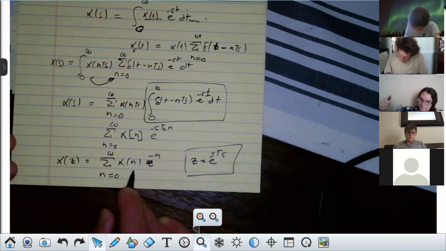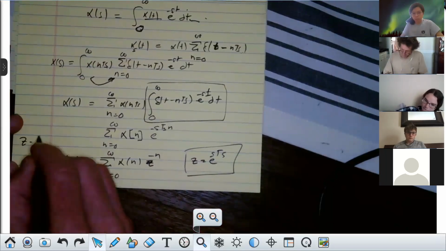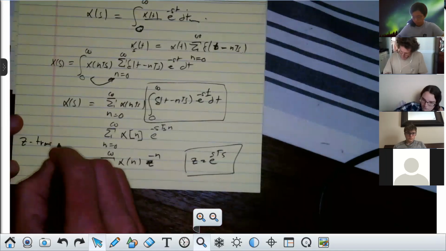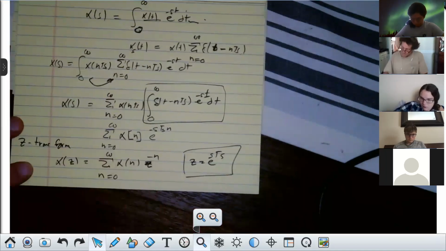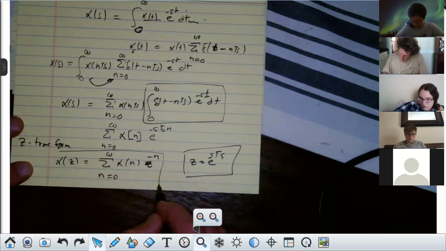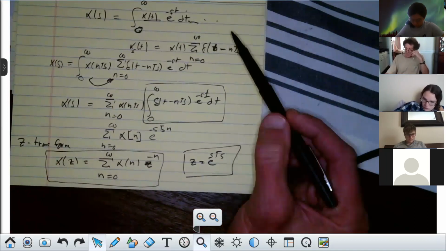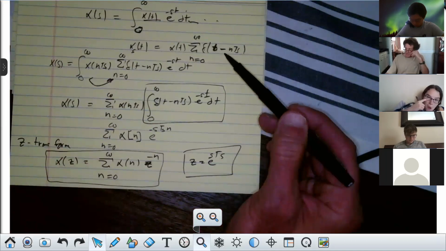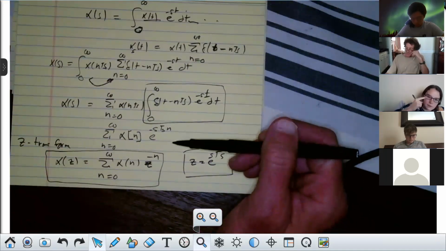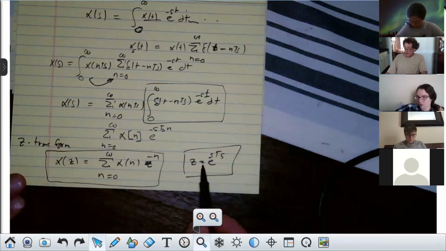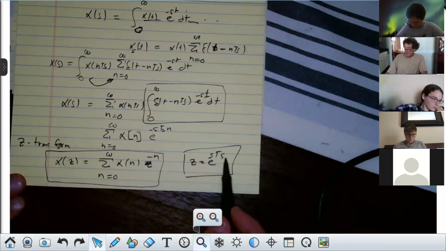And this is called the Z transform. I'll do the inverse Z in a second, but I want you to appreciate how we got it. We started with the definition of Laplace, then we assumed the signal sampled, and after that, we've created a new value, z, which is equal to e to the sTs.